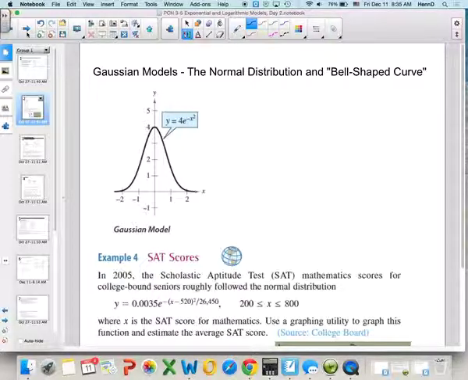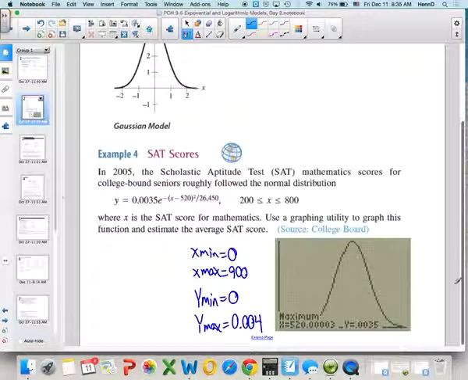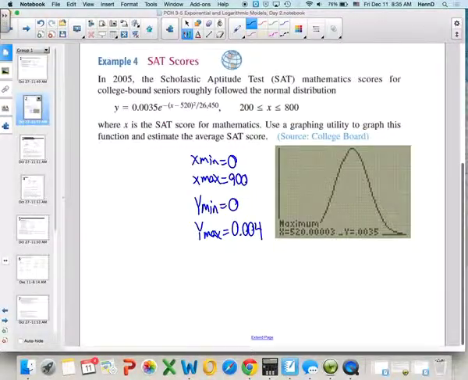This one goes all the way up to 4, but with SAT scores, the highest it's ever going to go would be 1, and that's if everything were exactly on the mean. It would just be a point, and that wouldn't even be a normal distribution, just a constant.